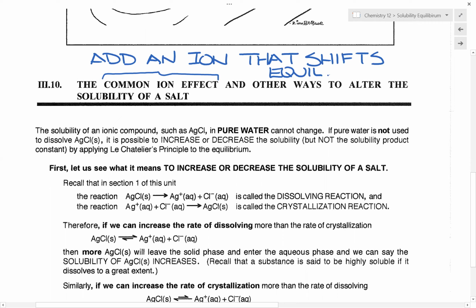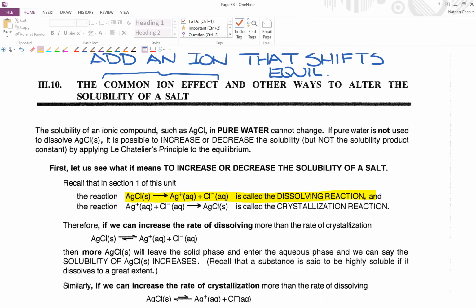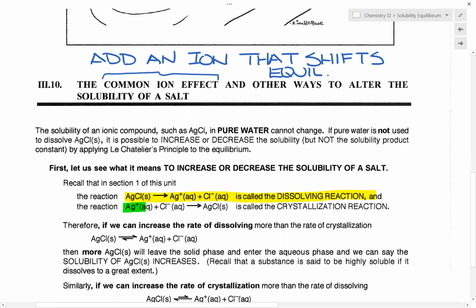Now, one thing you want to be aware of, since we're talking about a solid in equilibrium with its ions in a saturated solution, is a couple of things we have to consider. When you have a solid going into ions, it's called the dissolving reaction. And when we have the ions forming a solid, it's called crystallization. Okay?